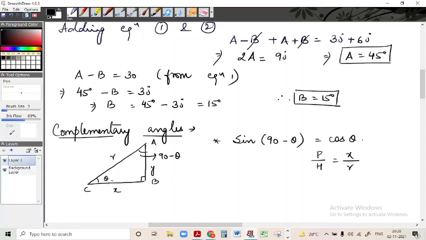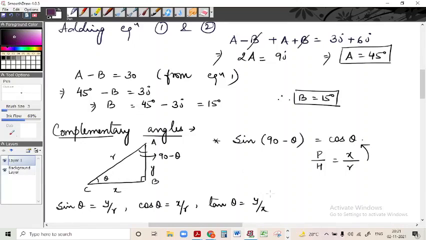So X in this case will write it as cos of theta, because see sine theta is equals to y by r. When I am writing cos of theta, this is equals to x by r. When I am writing tan theta, this is equals to y by x. So here in this case, this is x upon r, which is equal to cos of theta.